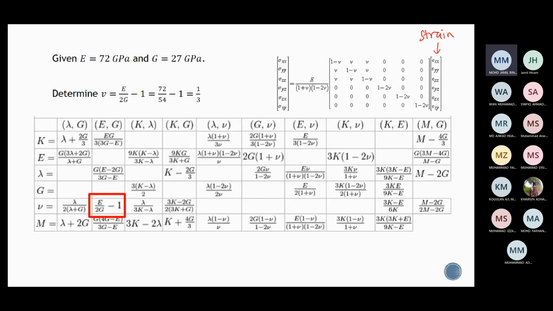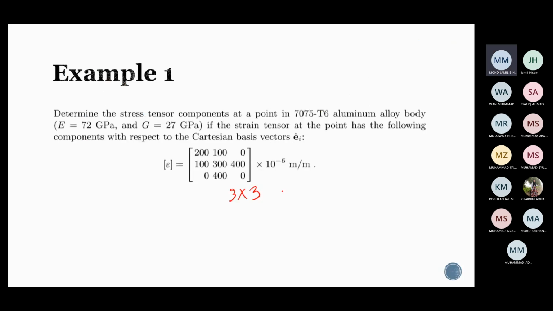How to arrange them is just simply replacing these values here. So what is epsilon xx, yy, zz, and so on? It's just basically this strain tensor has this form.